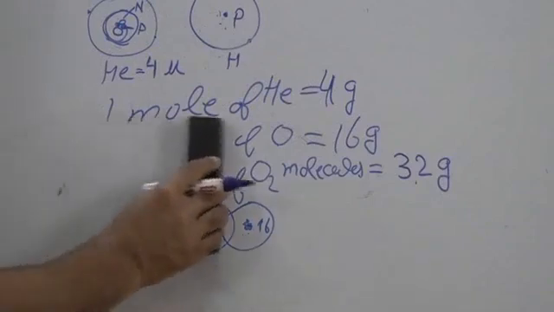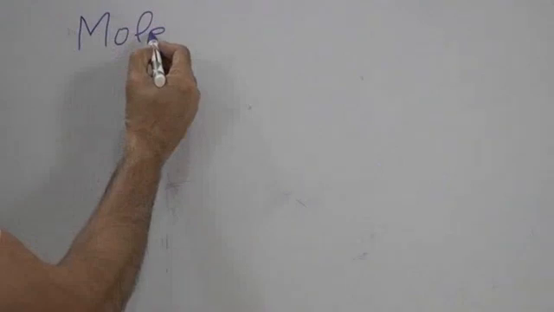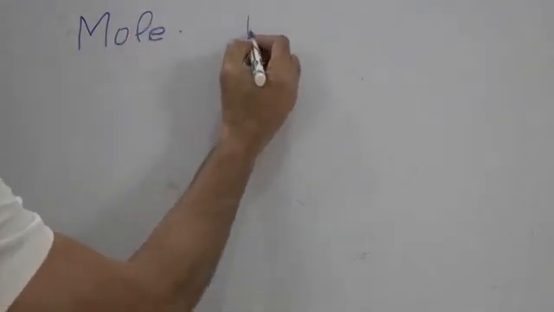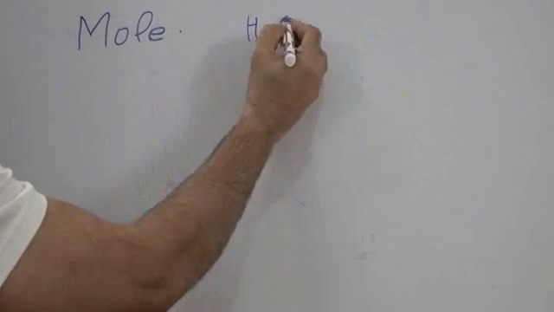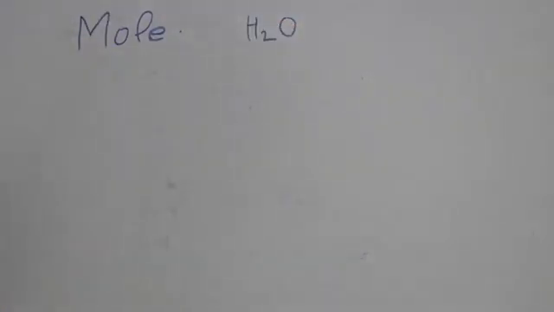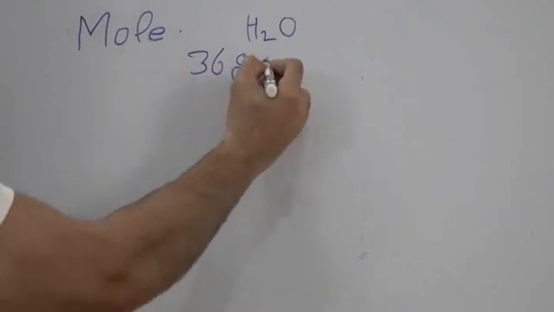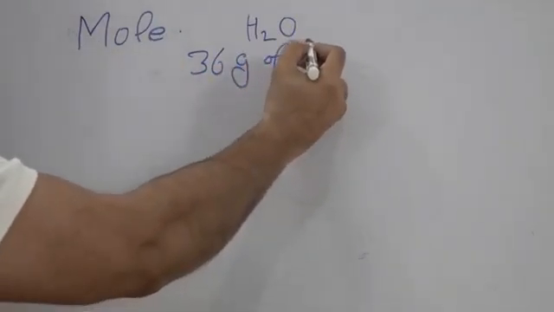Let us similarly find out how much mass of certain moles would be there of a certain element or a compound. We take water. In water, suppose I take 36 gram of water.